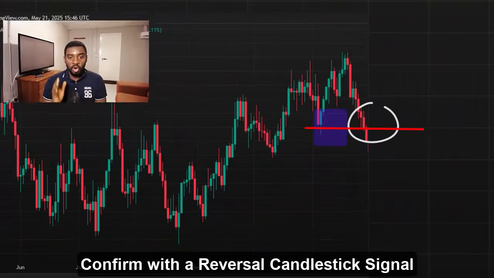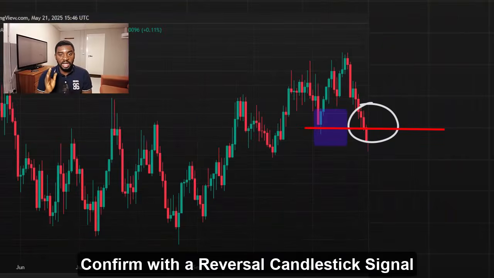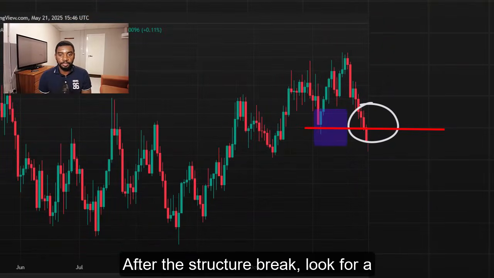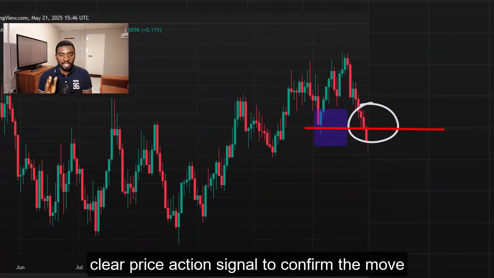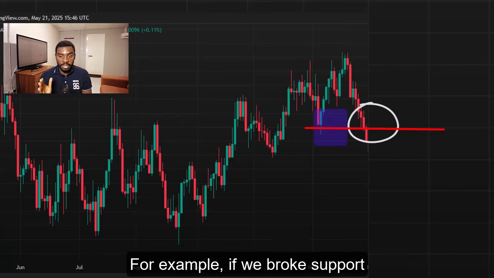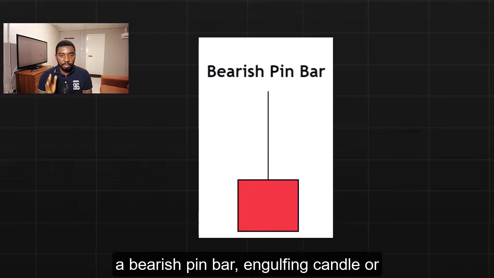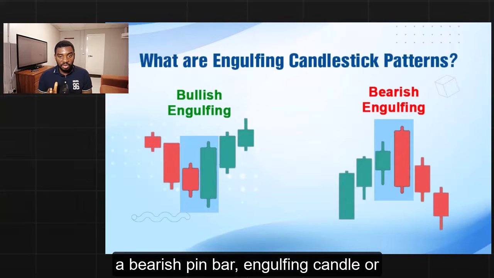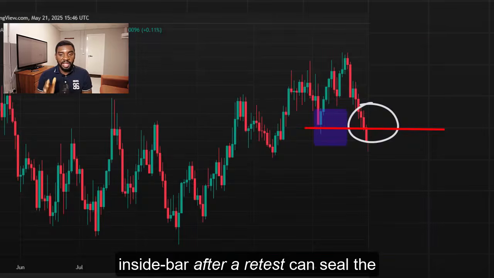Step 3. Confirm with a reversal candle signal. After the structure break, look for a clear price action signal to confirm the move. For example, if we broke support, a bearish pin bar, engulfing candle or inside bar after a retest can seal the deal.